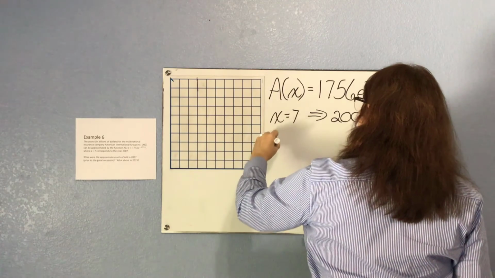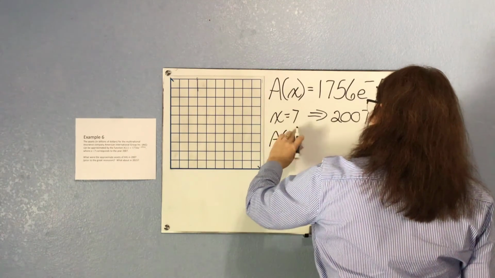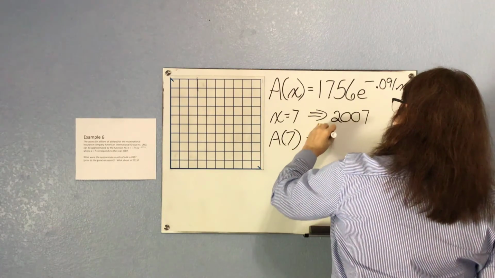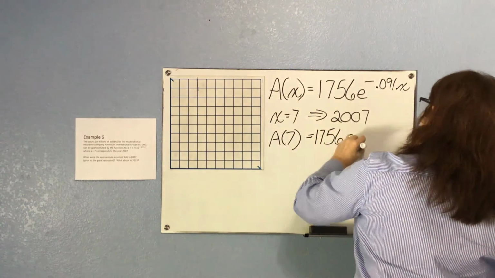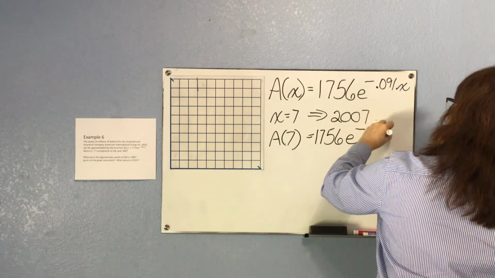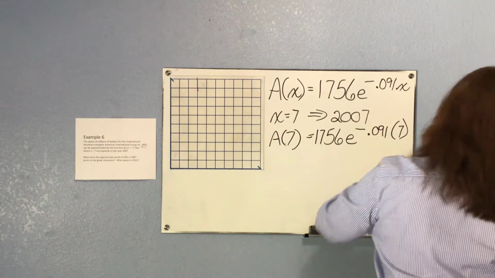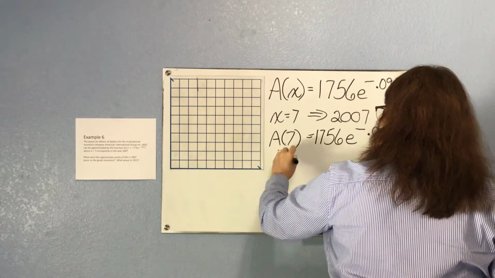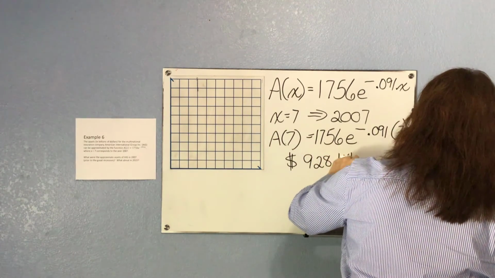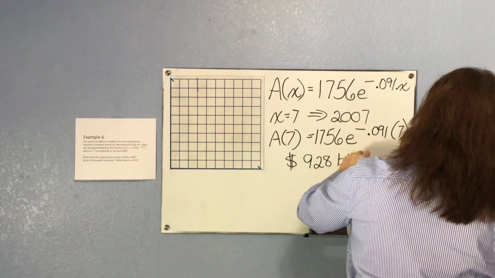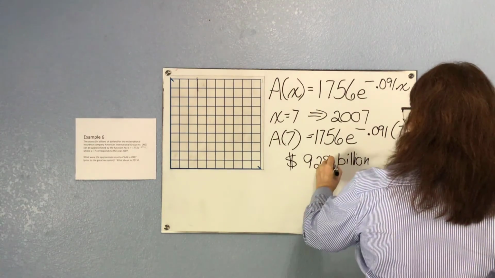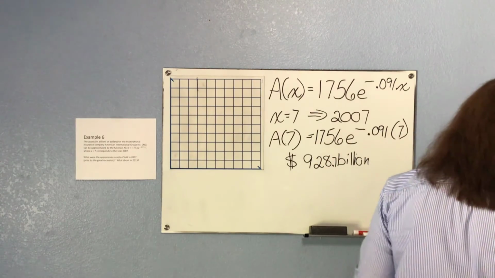So I'm going to get A of 7 equals 1756 e to the negative 0.091 times 7. So this gives me a total of $928 billion. Your book says 928.7.